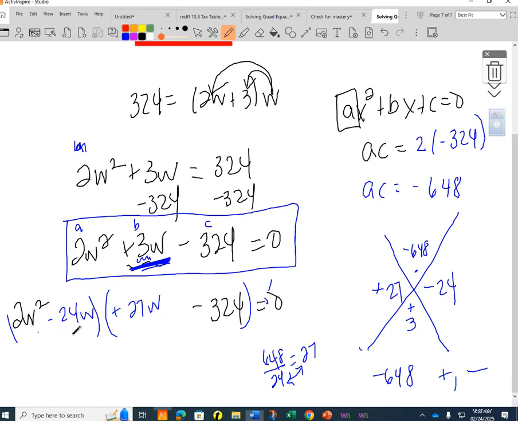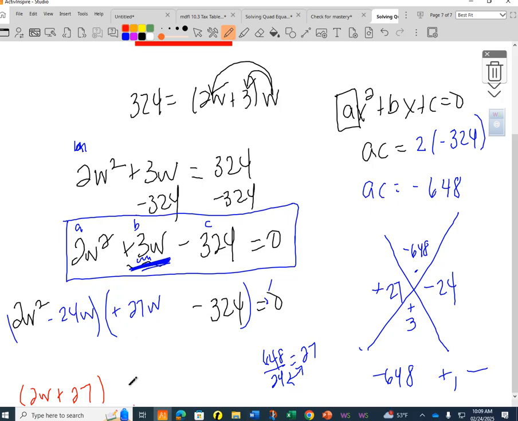The greatest common factor of each of these groups is 2W. What's the greatest common factor of these two? 27, right? Oh no, I lied. Let's see. 324 divided by 27. Yes, it is 27.